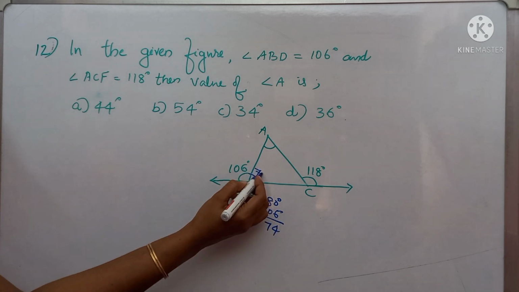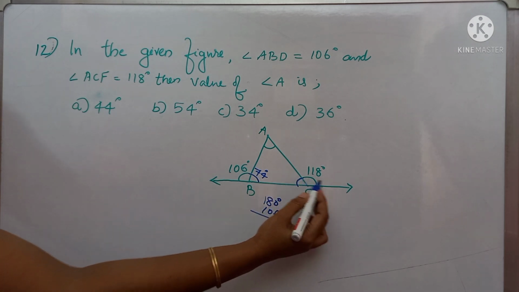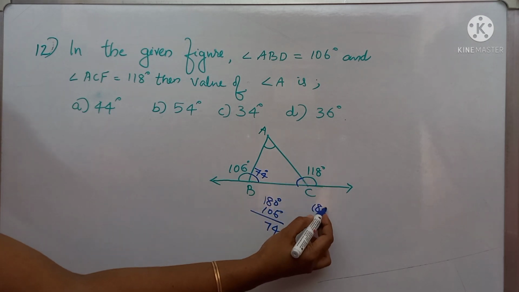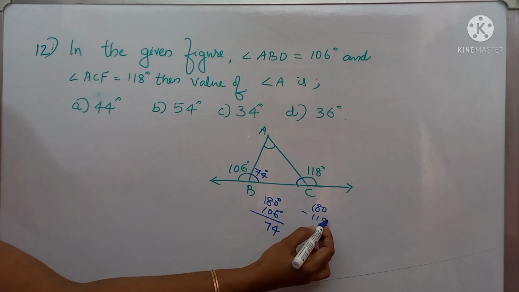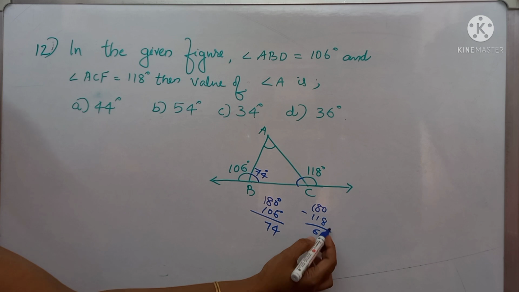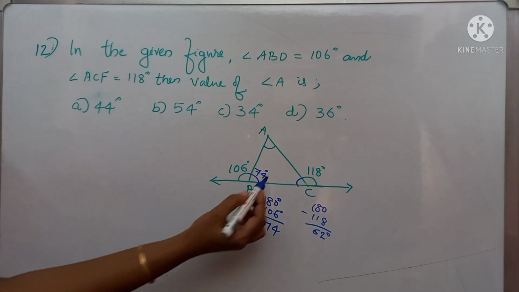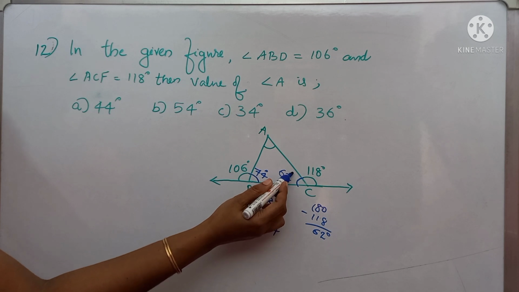Then we can write that 74 degrees here, and here also we can find it as a linear pair. So 180 minus 118 is equal to 62 degrees, and we can write that 62 degrees here.